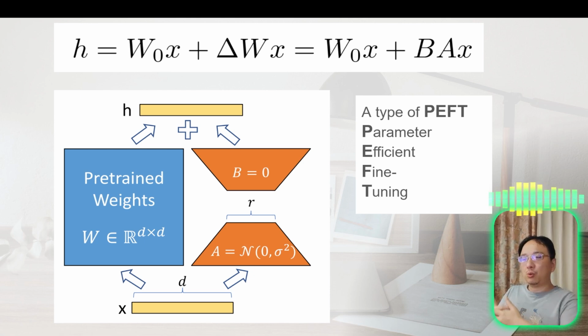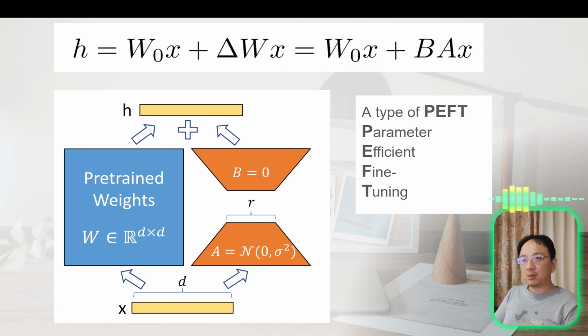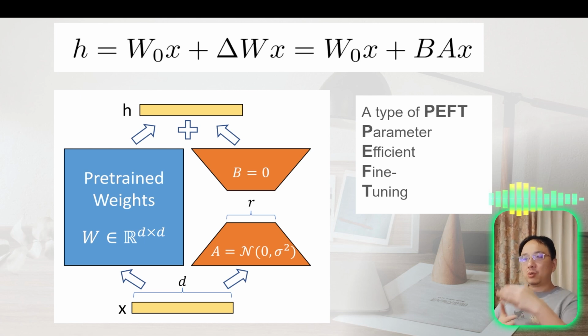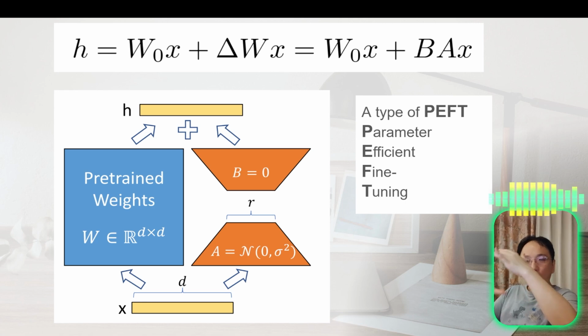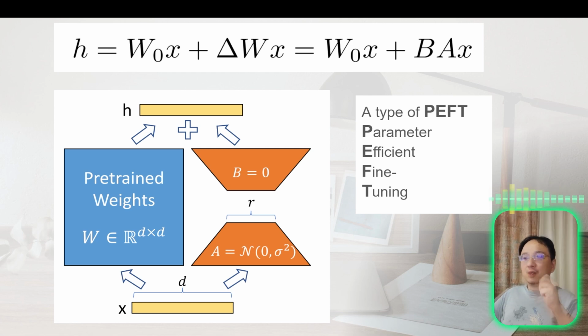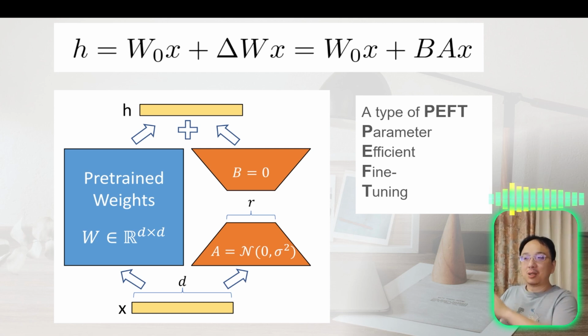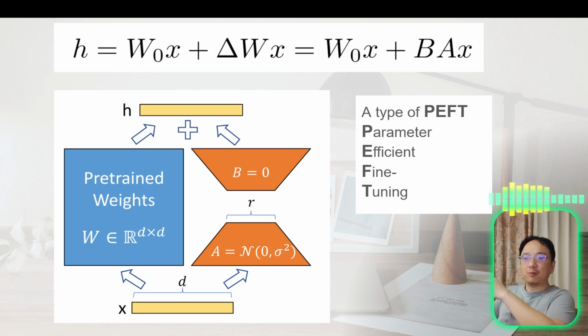If we want to do a full fine-tuning, we're going to adjust all of these 4 million parameters in this one single linear mapping alone. And one UNet or one large language model contains a lot of attention blocks, and each attention block contains several matrices of this size.